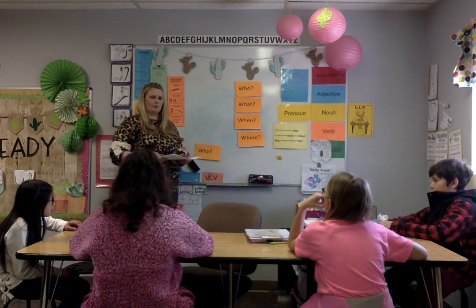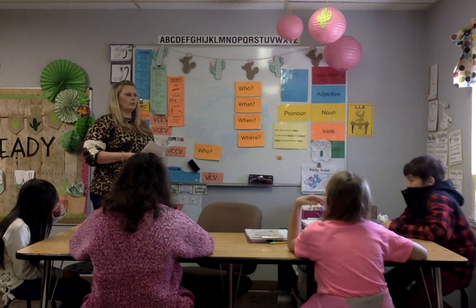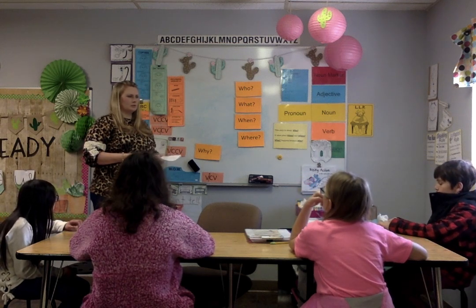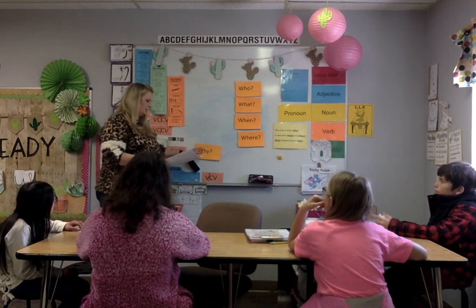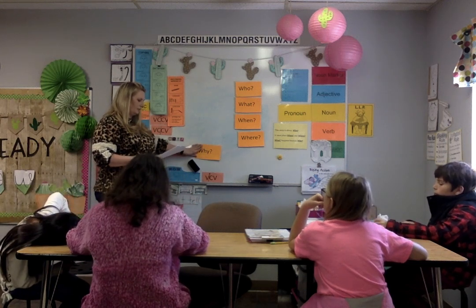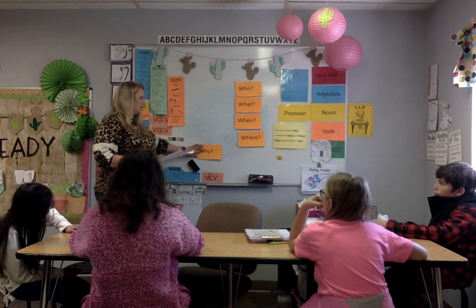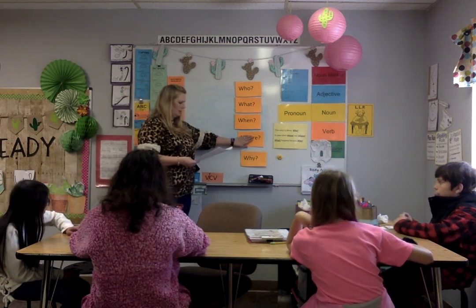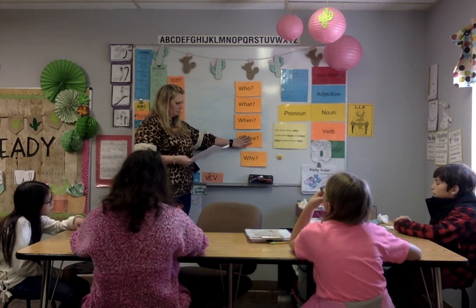Good, I like that you're using the vocab word. Okay, so he ate the thorn bush because he was hungry and he saw it. So our why can be that the donkey feels the thorn bush is a fine meal, so he decides to eat it. Very good.